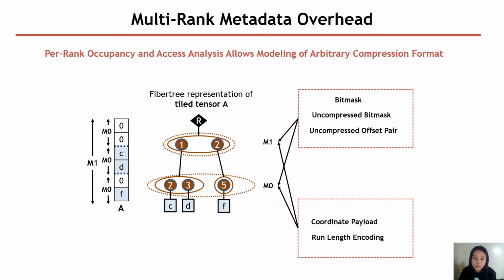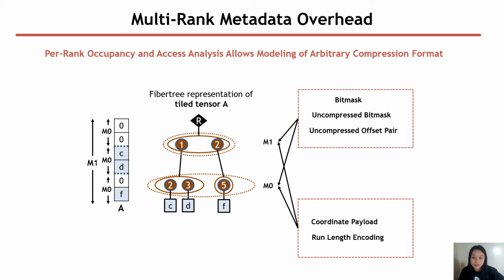And of course, you could have tensors with multiple ranks. Here I'm showing an example of a tiled tensor A, and because of the tiling, you would then have 2 ranks for this tensor. And as described in the first section of our background lecture, you could represent a compression format or data representation format for a multi-rank tensor by specifying the format for each rank.